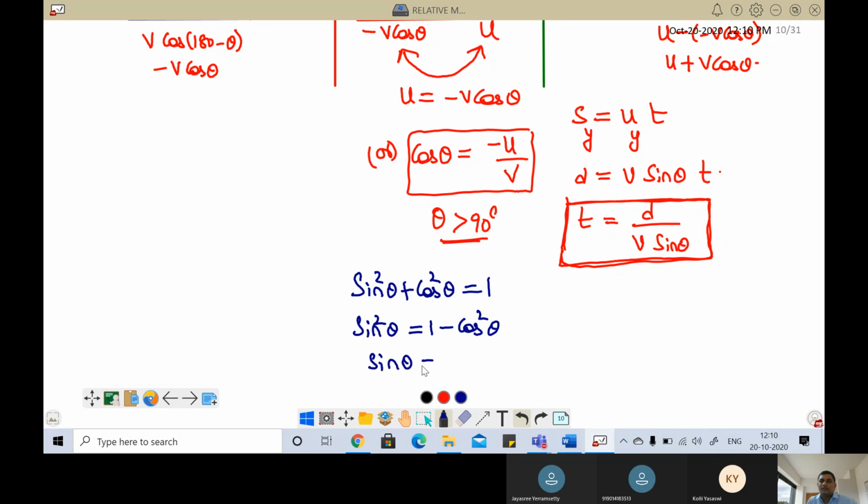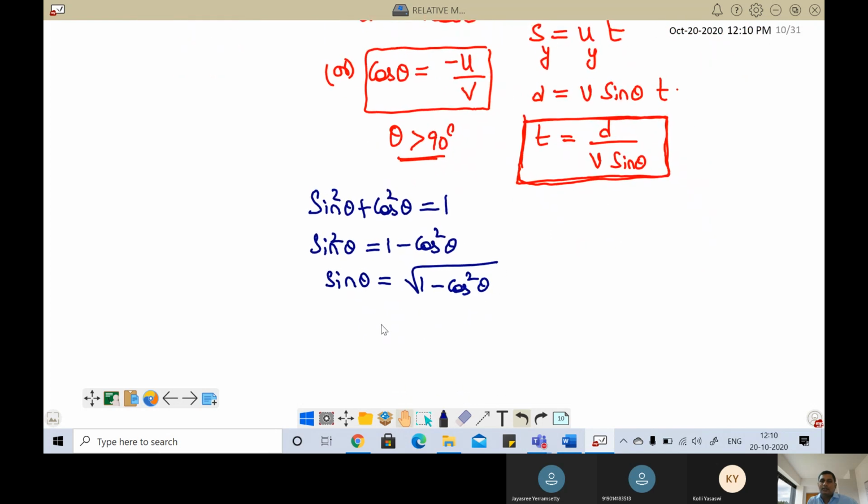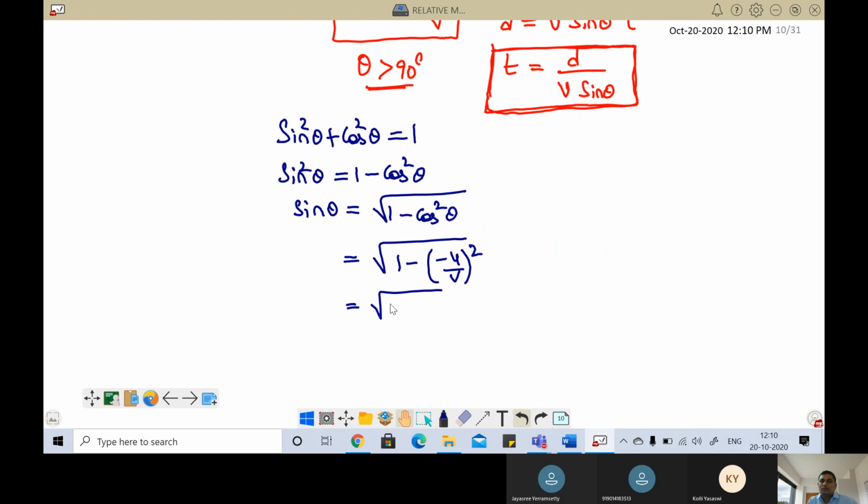Then sin theta is equal to root over 1 minus cos square theta, that is root over 1 minus (minus u by v) whole square. So that is equal to root over 1 minus u square by v square, or root over v square minus u square divided by v. This is sin theta.